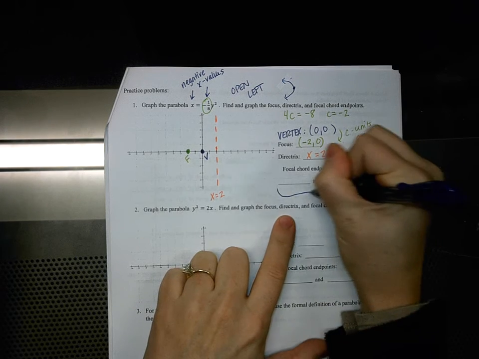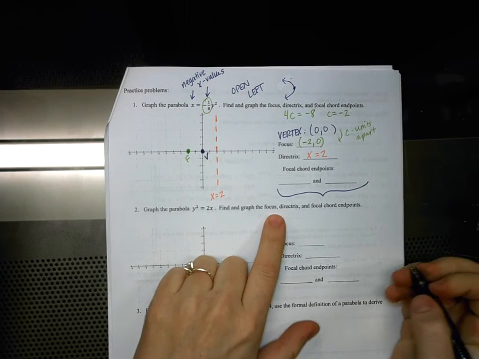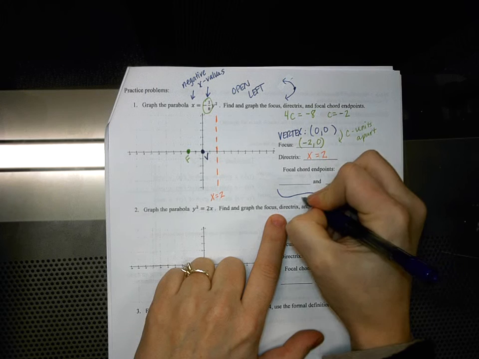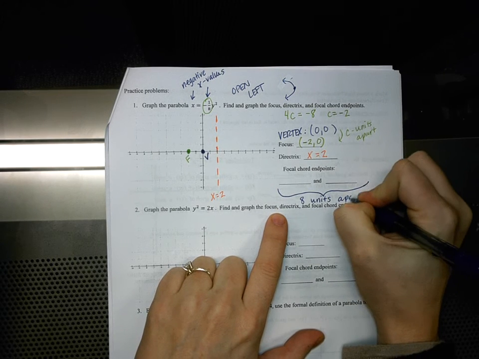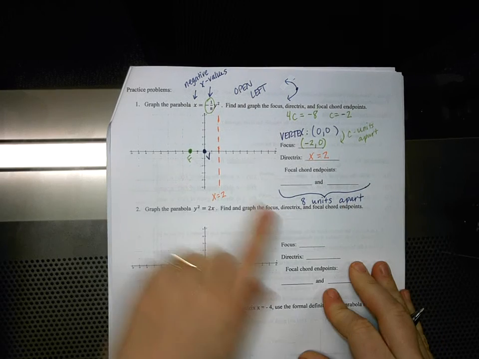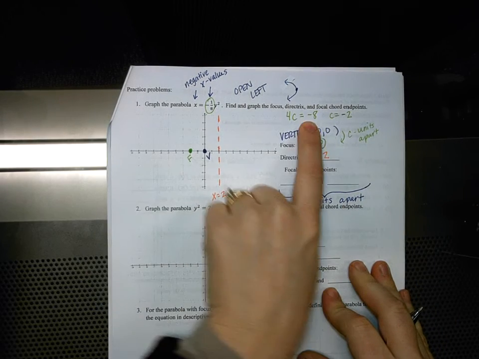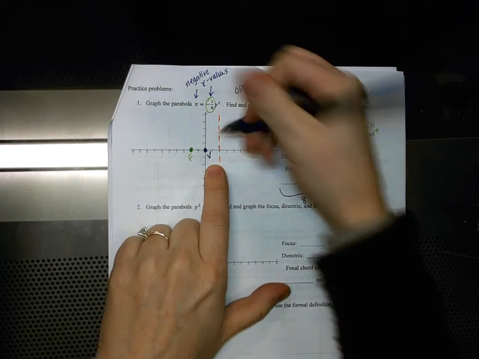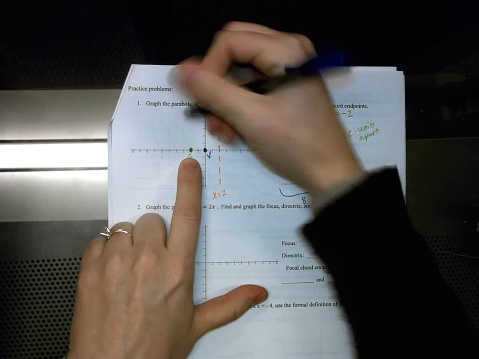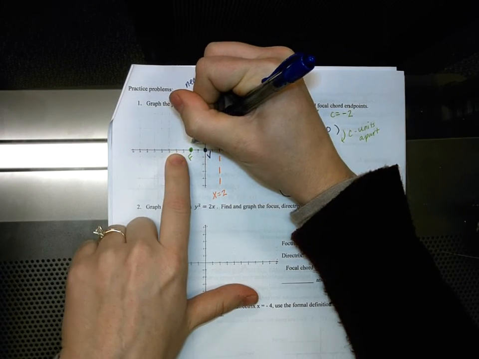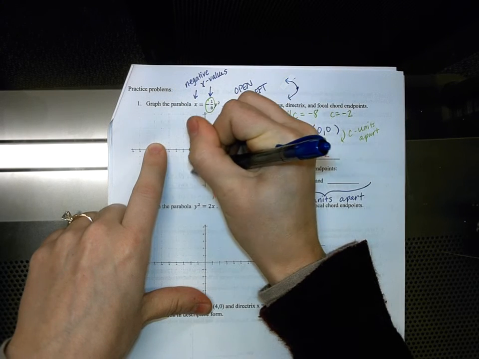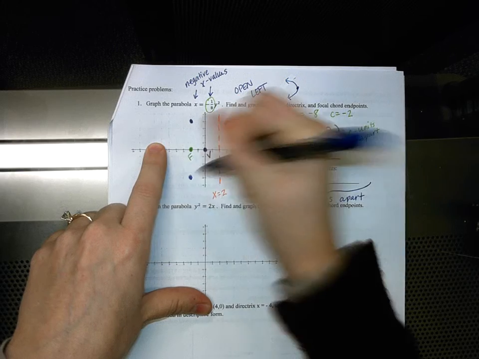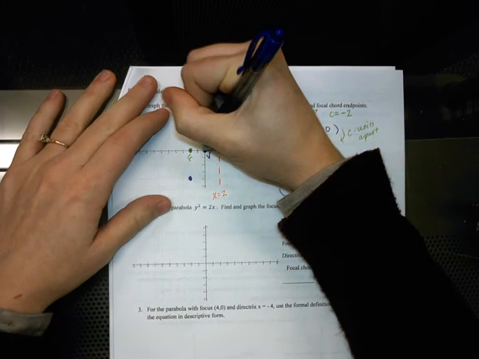How far apart are these focal chord endpoints going to be? 8 units apart. Very good. So we get that from the 4c. So here's my focus. How many am I going to go in each direction? 4. Good. 4 up and 4 down, so that those are 8 units apart.